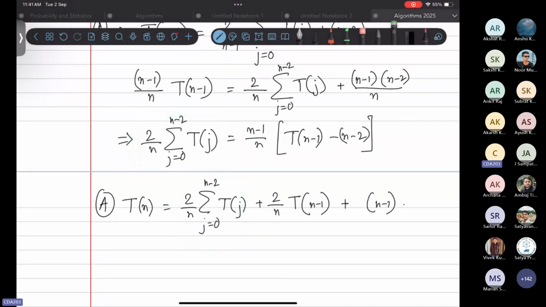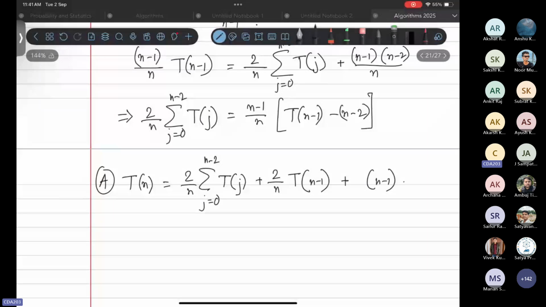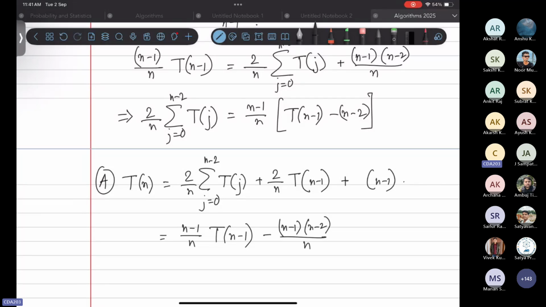So I can write this term as n minus 1 by n, T n minus 1, and then minus n minus 2. So this is replaced by this, okay?